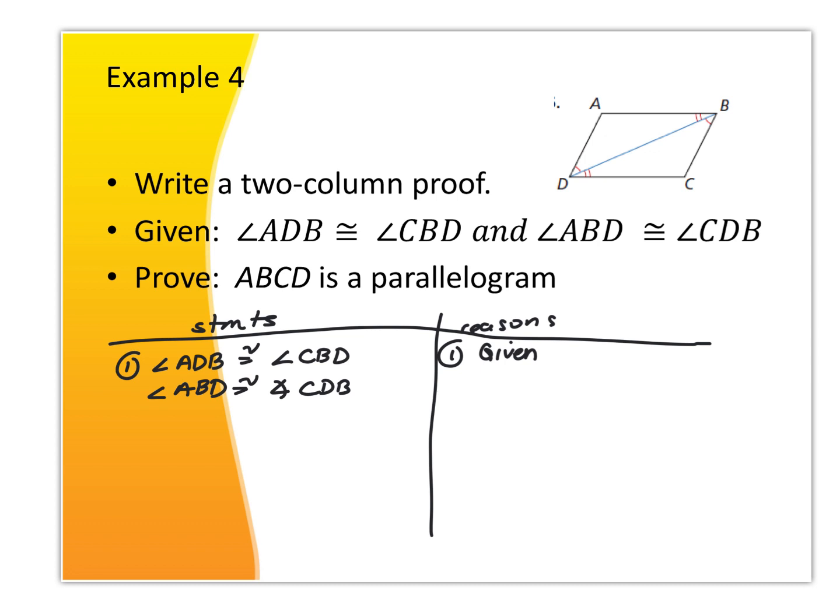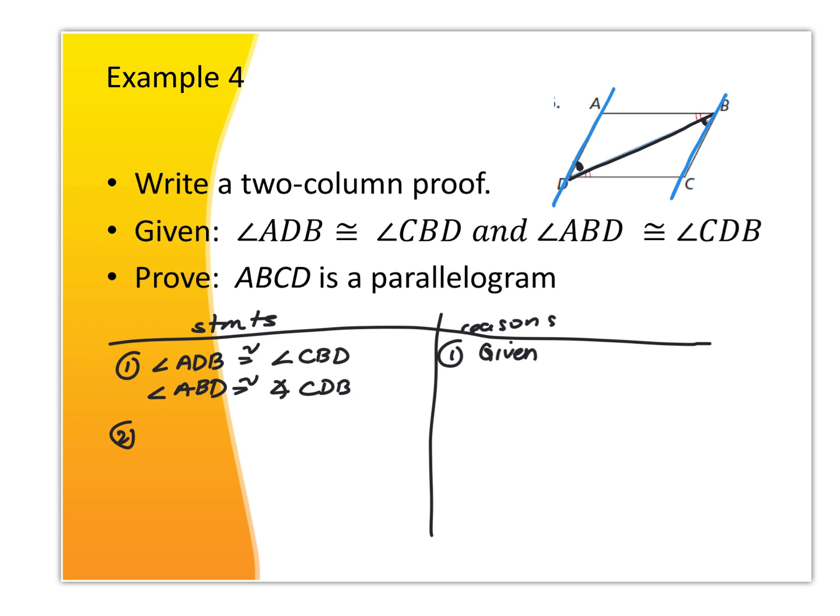I'm going to start with one of those at a time. Let's start with this angle here. I know that if those two angles are congruent, and I have this transversal, then this line and this line must be parallel to each other, because that's the alternate interiors converse theorem.